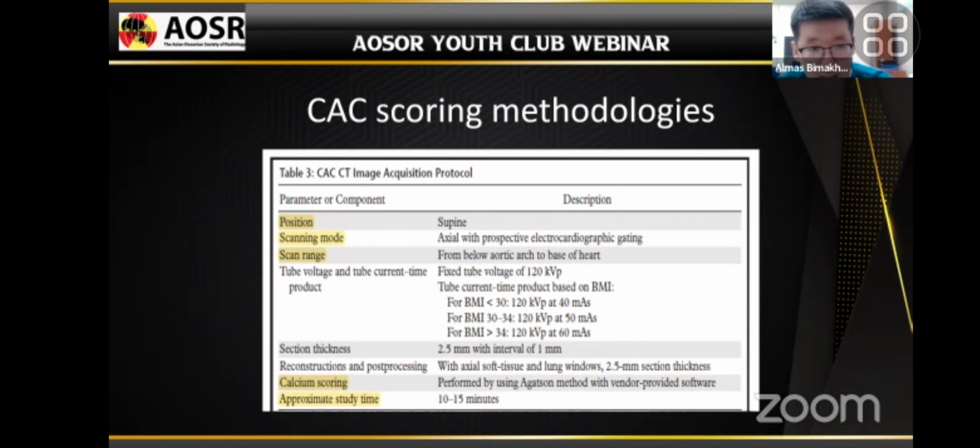Position is supine, scanning mode is axial with prospective electrocardiographic gating, scan range from below the aortic arch to the base of the heart, tube voltage and tube current time are fixed, as I said before, 120 kVp, section thickness 2.5 millimeters with an interval of 1 millimeter, reconstruction and post-processing with axial soft tissue and lung windows, 2.5 millimeter section thickness, calcium scoring performed by using the Agatston method, and approximate study time is 10 to 50 minutes.